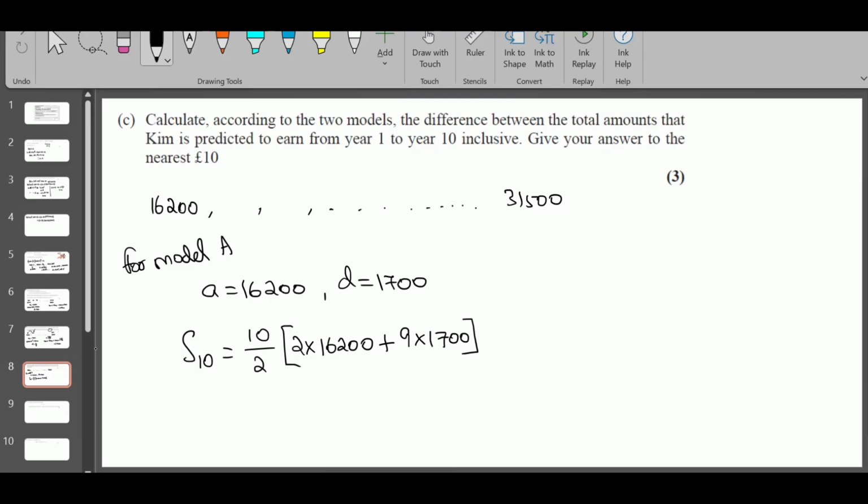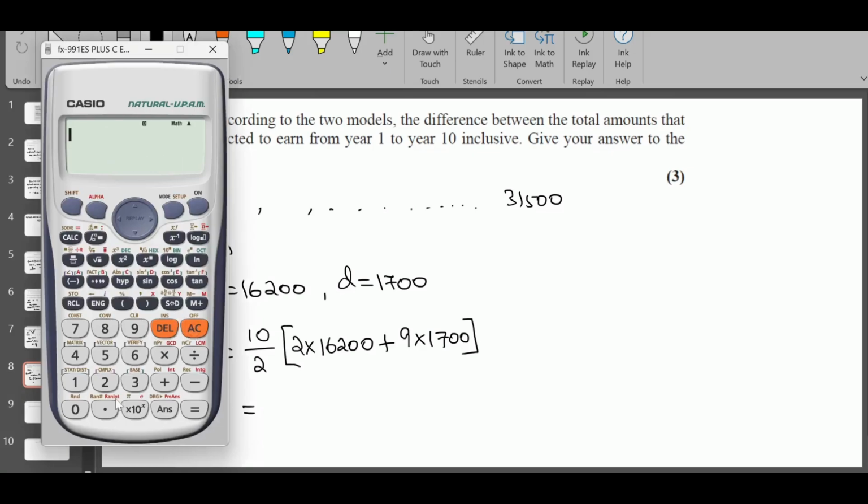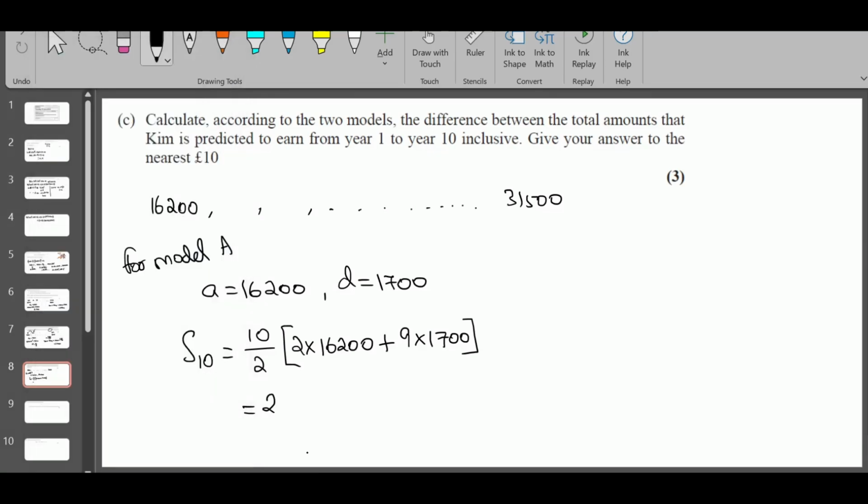Or you can use the formula n over 2 times a plus l also. So that's basically 2 times 16,200 plus 9 times 1,700. Get the answer, times it by 10 over 2, 238,500.